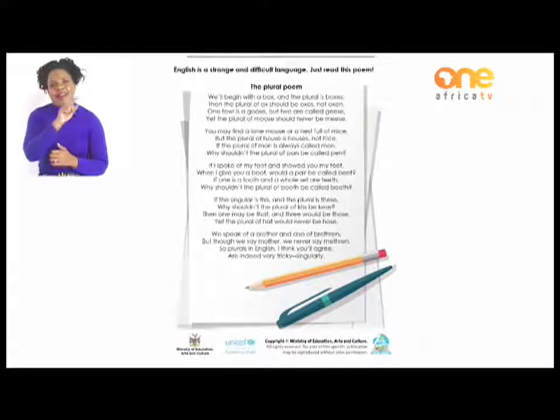Then one may be that, and three would be those. Yet the plural of hat would never be hose. We speak of a brother and also of brethren. But though we say mother, we never say methren. So plurals in English, I think you'd agree, are indeed very tricky, singularly.